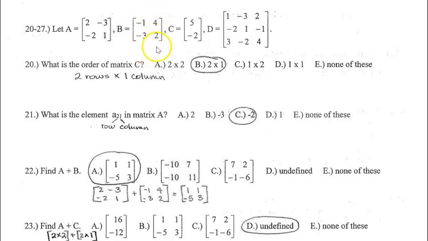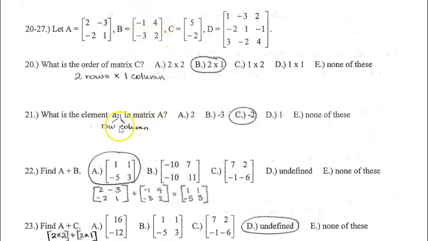So think about columns in front of buildings, they go up and down. If you're at a concert, you go across the row to your seat, right? So if I'm looking at matrix C, this one has 2 rows and 1 column. So that would be a 2 by 1. This one has 2 rows and 2 columns.